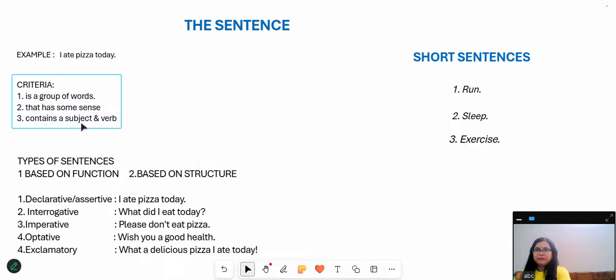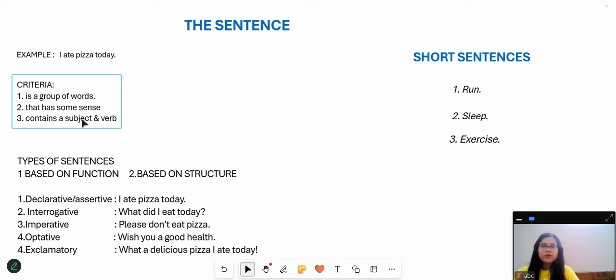Now let's move ahead. What types of sentences are there in English? How many are they? We have two classifications for types of sentences. Up till your 7th standard, you will be understanding the classification of sentences based on the function of sentences.